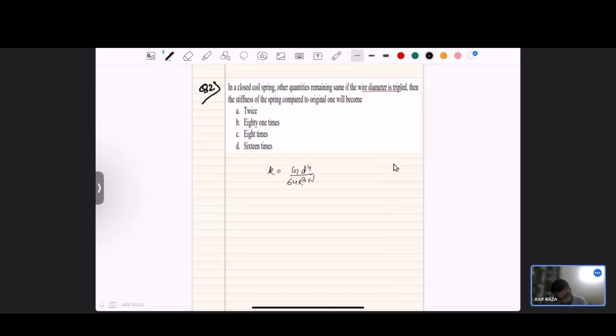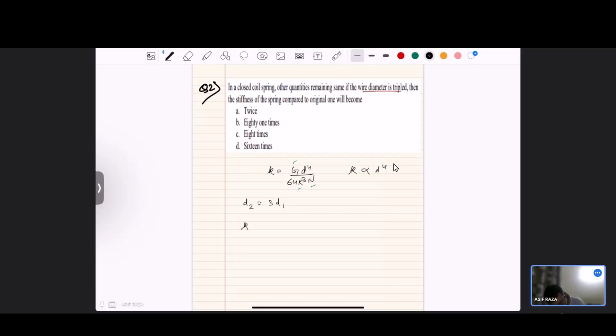Wire diameter is tripled in the given question. Here everything is kept same, that is K is directly proportional to D to the power of 4.